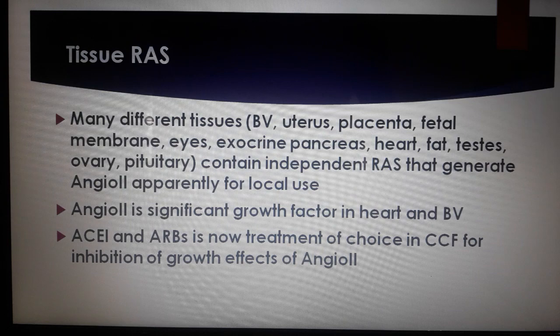Tissue renin angiotensin system. Many different tissues like blood vessel, heart, uterus, placenta, eyes, fat, testes, ovary, pituitary contain an independent renin angiotensin system and they generate angiotensin 2 which acts for local use. Angiotensin 2 is a significant growth factor in heart and blood vessel.